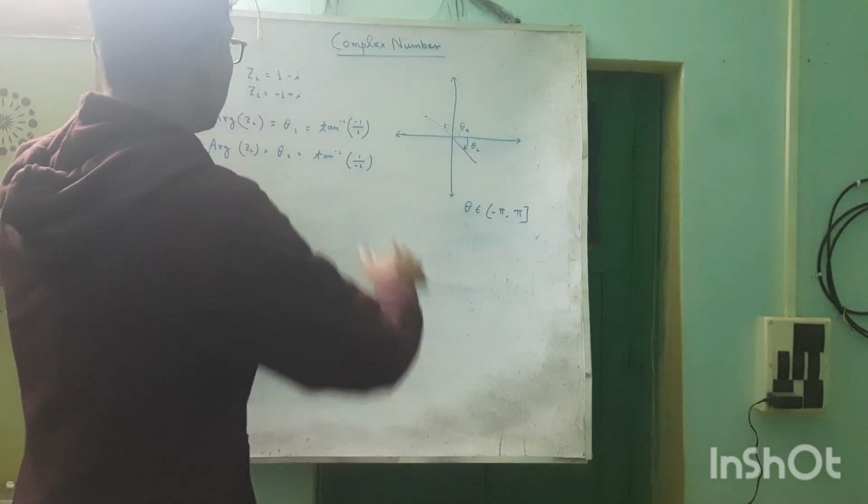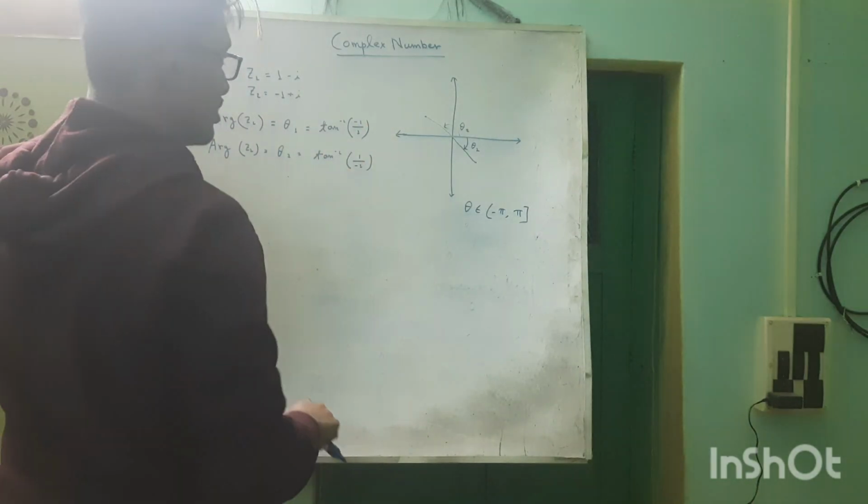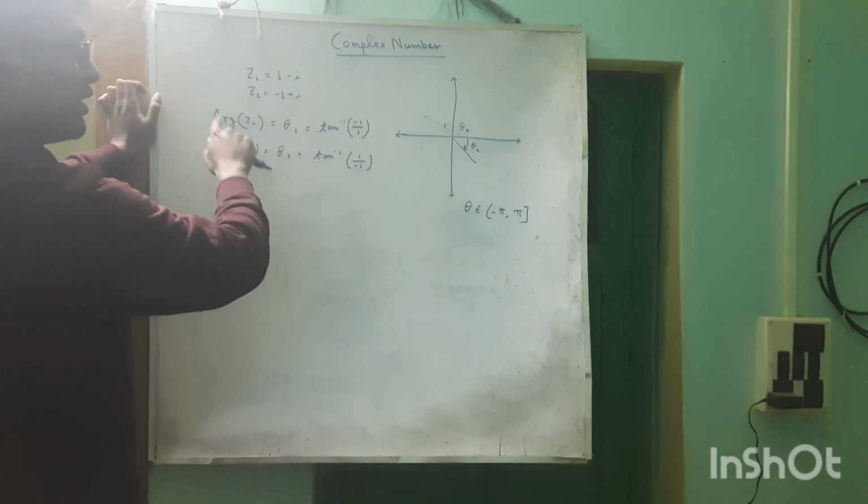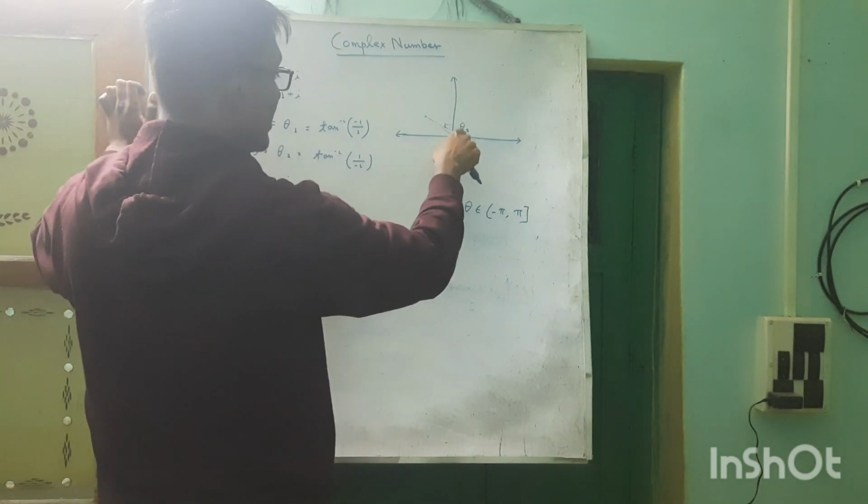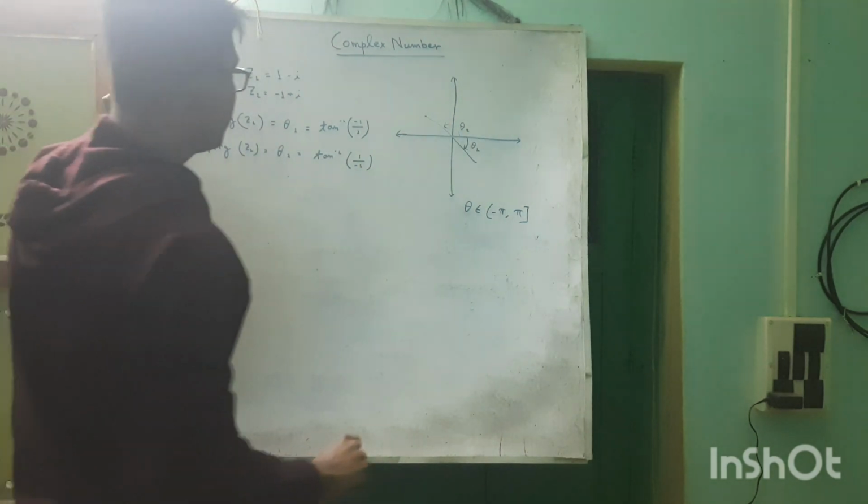So in both cases that is tan inverse minus 1, but these numbers are different, that's why the thetas are different.